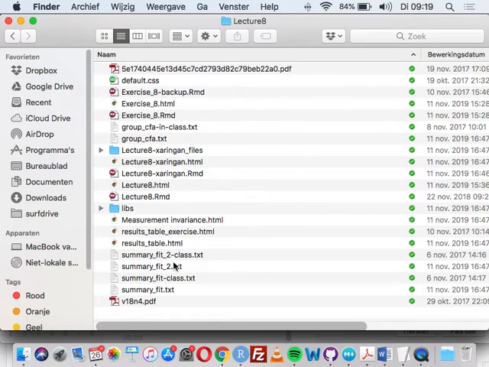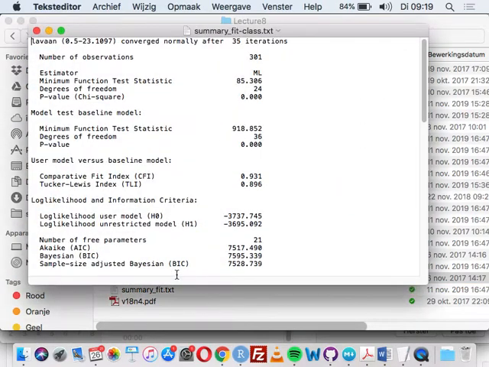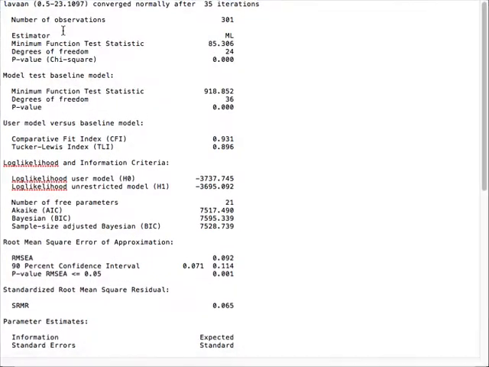You'll notice that there's not a perfect correspondence because I've updated the lavaan package. So this is 0.5 rather than 0.6, but it doesn't matter. It's just different versions of the same thing. So this is something I ran previously. You get lots of output again.